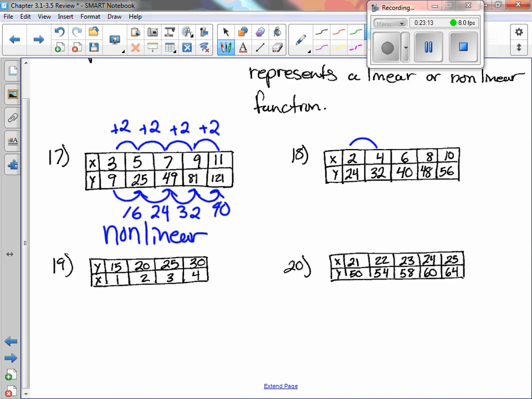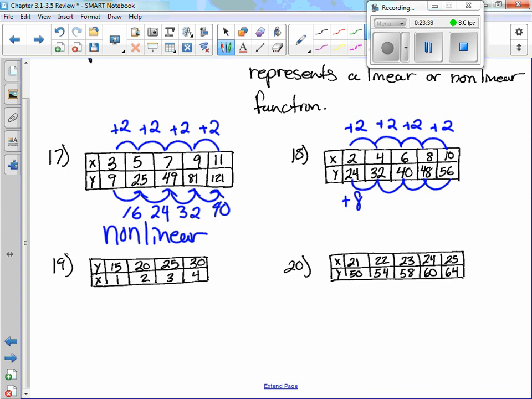From 2 to 4, we did what? We added 2. From 4 to 6, we added 2. From 6 to 8, we added. And from 8 to 10, we added. It's 24 plus 8 is 32.